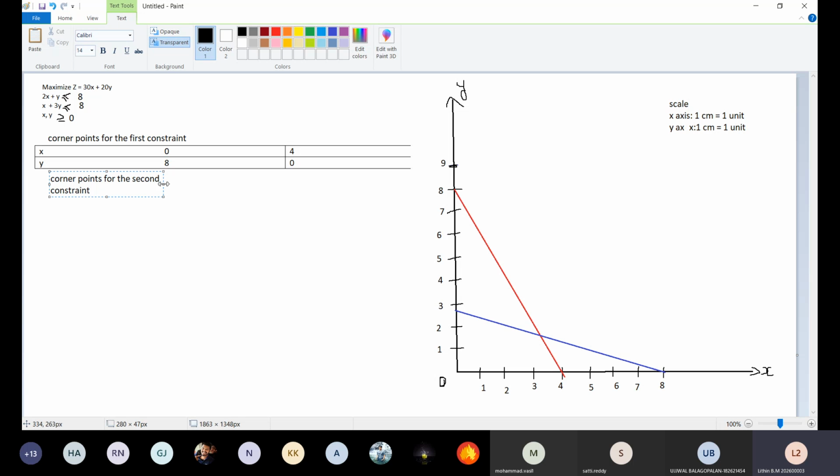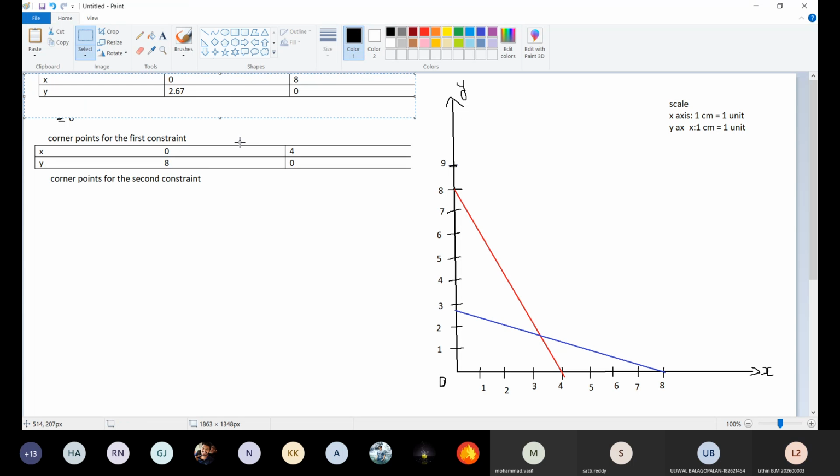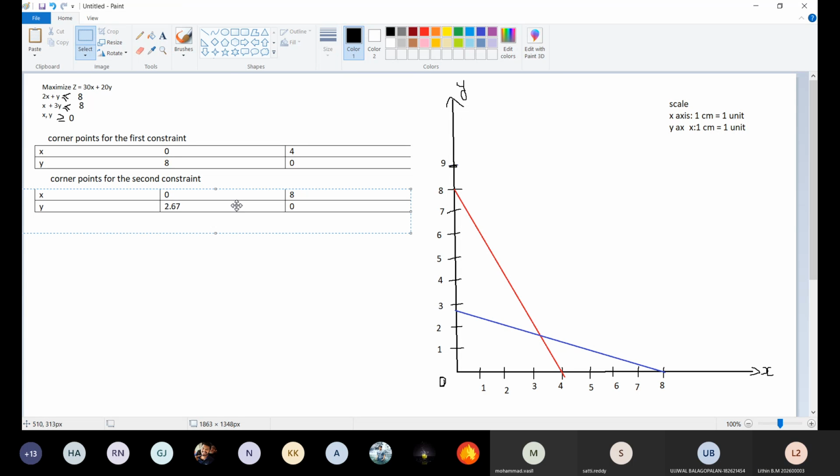Let me get the values. So now, let me denote my first constraint using a red line.